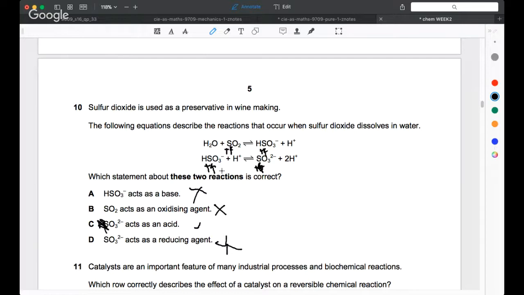So in this reaction, the question misses one step in between. If you look at this reaction here, it takes a proton and becomes H2O, but here also this is not.